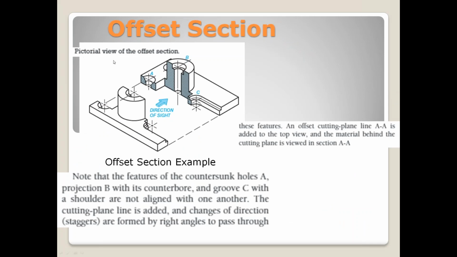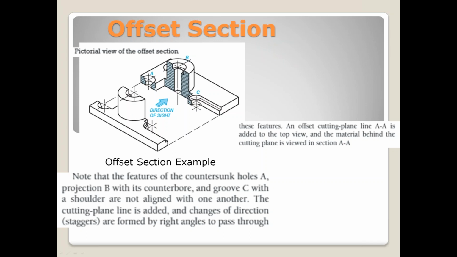So to continue in this direction, A, B, C, and note that the features of the countersunk hole A, projection B with the counterbore, and the groove C with the shoulder are not aligned with one another. The cutting plane line is added, with a change of direction.